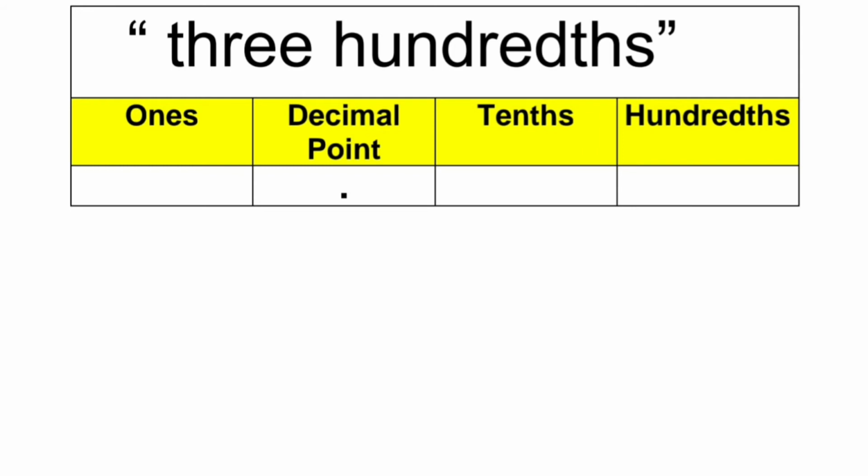So where should we put the hundredths? In the ones, in the tens, or hundredths? Okay, in the hundredths. So what digit should we put there? Okay, 3. Very good, everyone. So we should put 3. Then after putting the 3 in the hundredths, what's next?